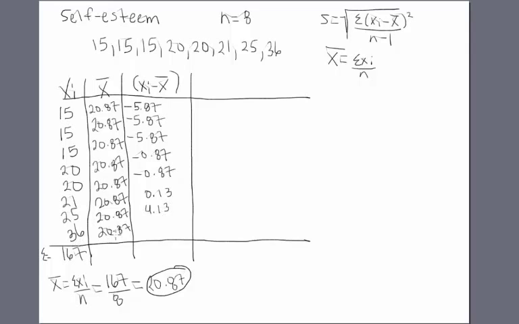And 36 minus 20.87 is 15.13. And again, you want to sum up all of these values just for a check of your math. You should get 0.